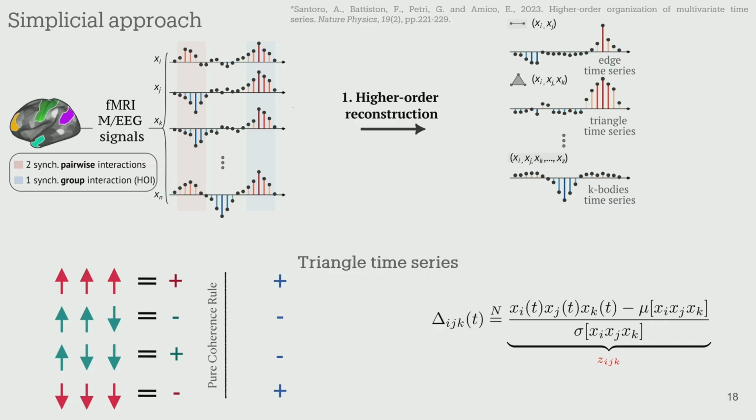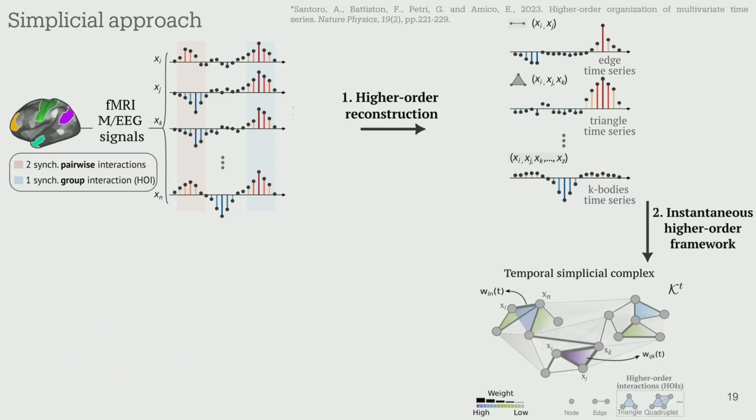I won't go into the detail, but the main point is that you end up with a temporal simplicial complex, which is just a generalization of a graph. And from there, you can use tools from topological data analysis to characterize the shape and the main structure of this generalization of a graph.